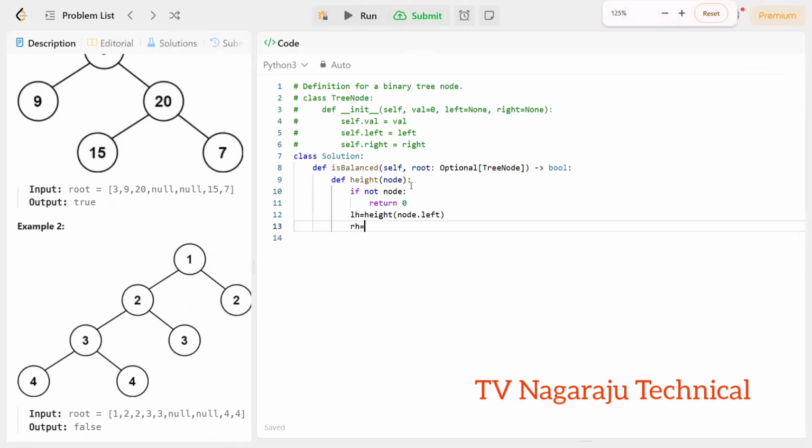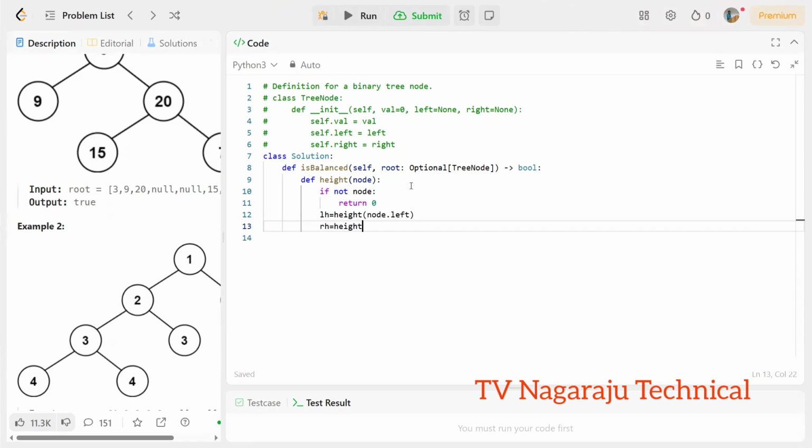Similarly, RH is used to calculate the height of the right subtree. Now, recursively, I call these functions. Now, what I am doing is checking the conditions. If LH is equal to -1 or RH is equal to -1, in either case, I am returning -1.